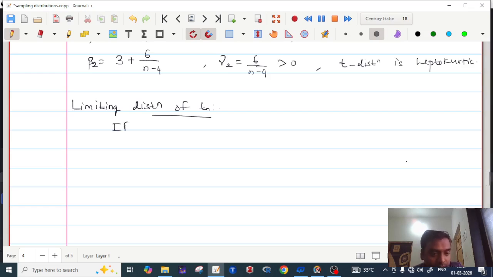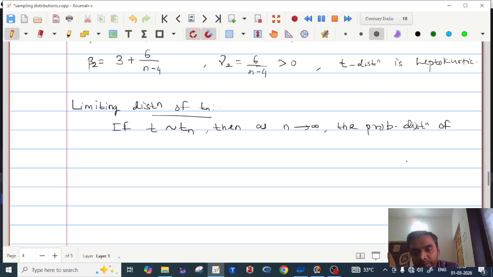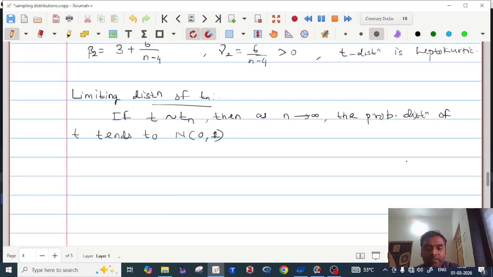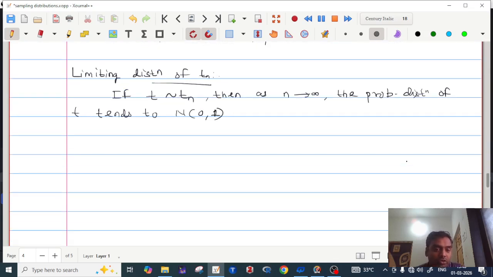If t follows t with n degrees of freedom, then as n tends to infinity, the probability distribution of t tends to normal 0, 1. So for large n, the t distribution tends to normal 0, 1.